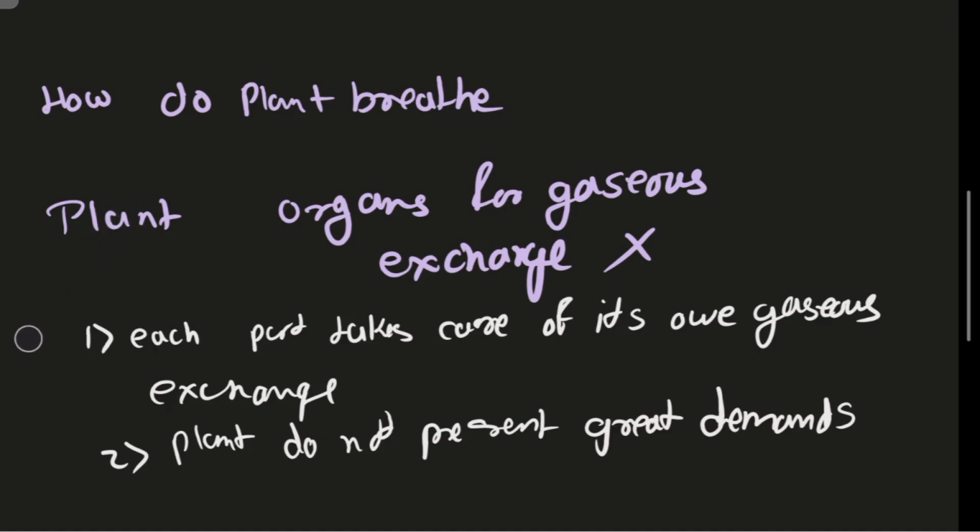Yet for photosynthesis, a large volume of gaseous exchange is required, which is provided by the stomata.